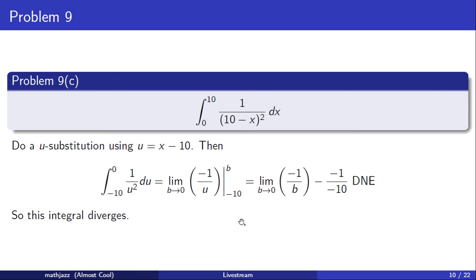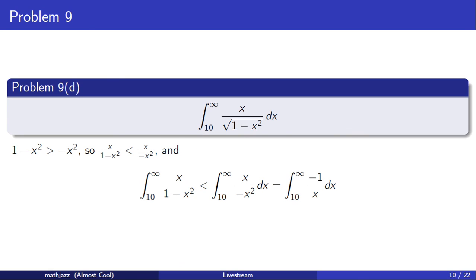Okay, so let's look at the next one. So this is the same kind of idea. 1 minus x squared is bigger than negative x squared, because if you add 1 to something, it gets bigger. Since this is a bigger denominator, this fraction is smaller than that fraction.